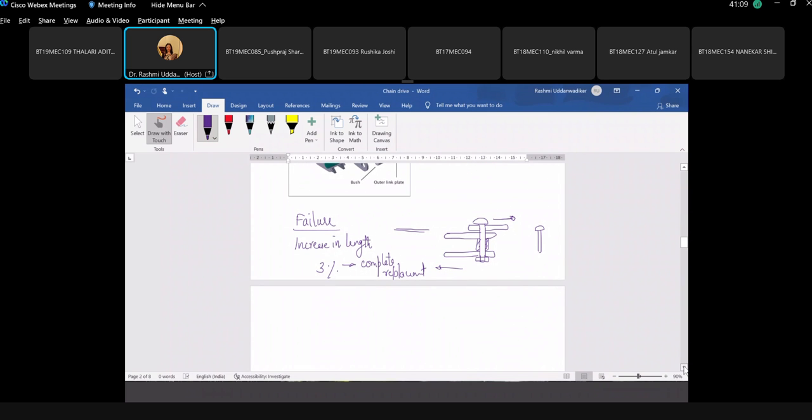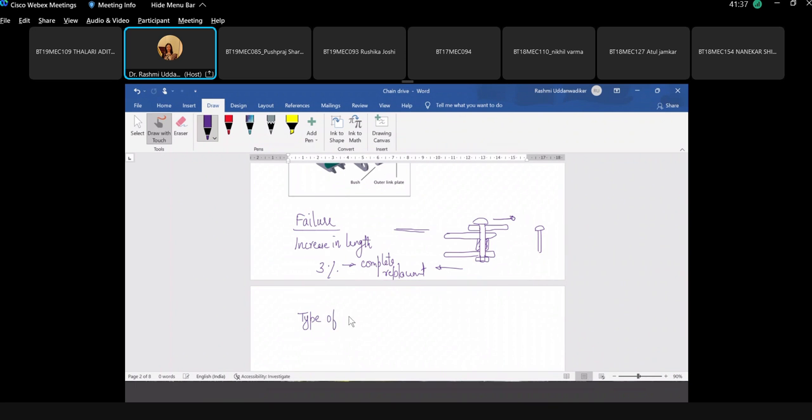Here the failure is only by increase in the length of the complete chain, and that happens because of reduction in the diameter of the pin. So we are going to design it for the strength of the pin, for the bearing pressure of the pin. And this would go down if we have proper lubrication. So wear would go down, as you understand, with good lubrication.